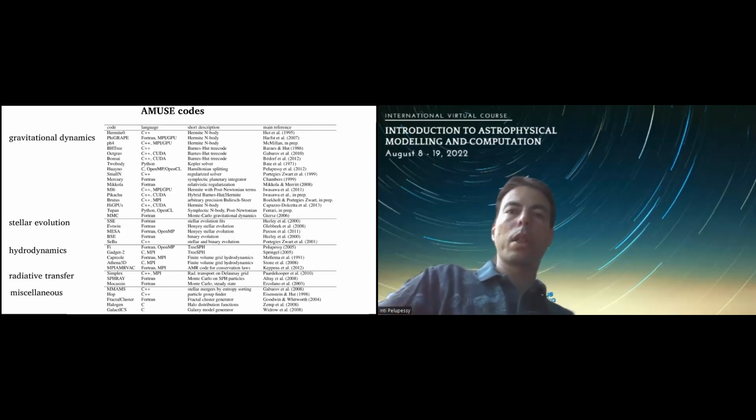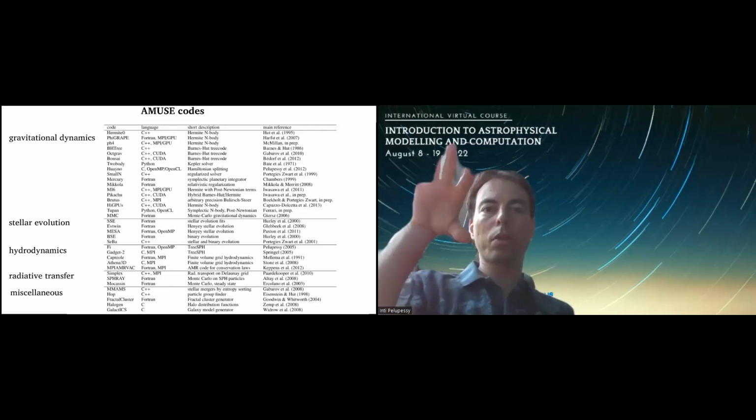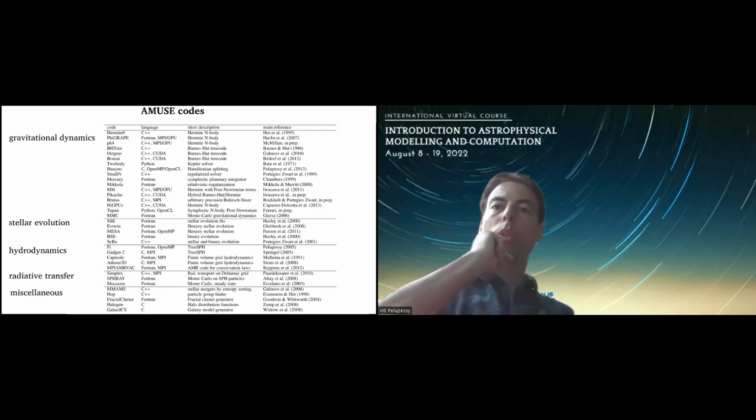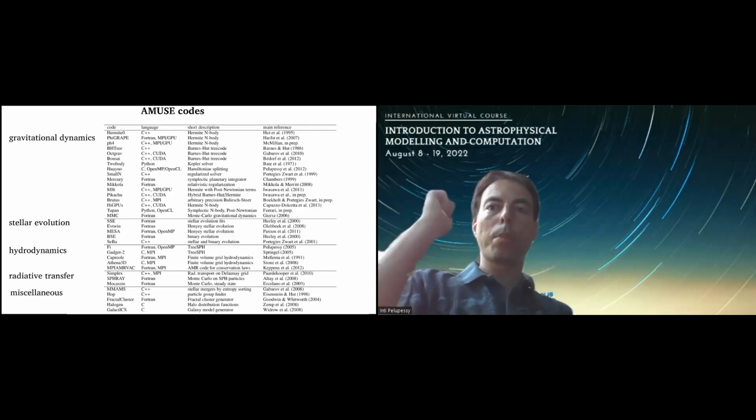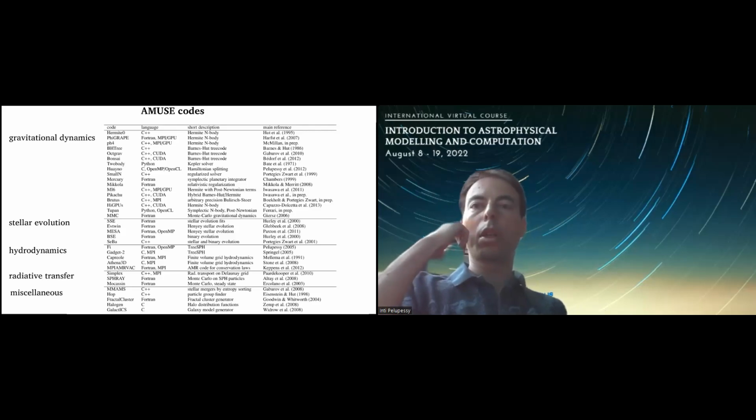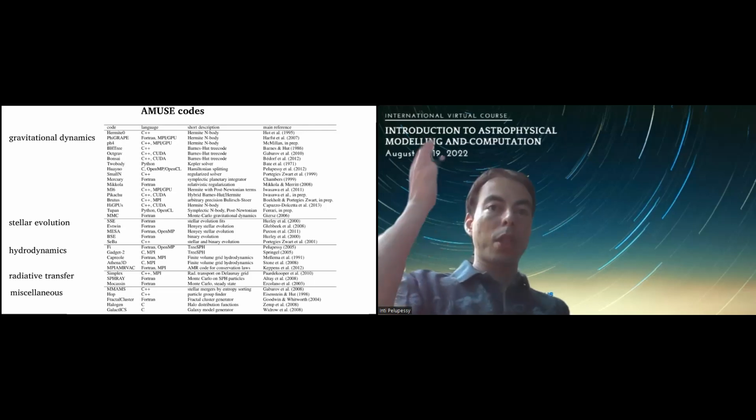But in these 4 physical domains, we try to have multiple codes in each domain that try to do the same thing, because it's important to have this, because this allows you to change codes very easily. Because all the interfaces to the codes are the same, it's usually a matter of changing one line in the script to change to a different gravitational dynamics integrator, or a different stellar evolution code.